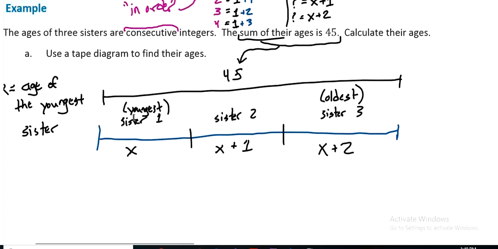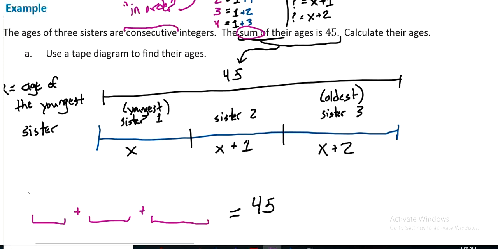My equation is going to be, I'll put my equal sign since it is an equation. And I know the sum, or the total, is going to be 45. In order to get up to that 45, I have to have 3 sections: the age of the youngest sister, plus, since it tells us the word sum, the age of the middle sister, and then the age of the oldest sister.